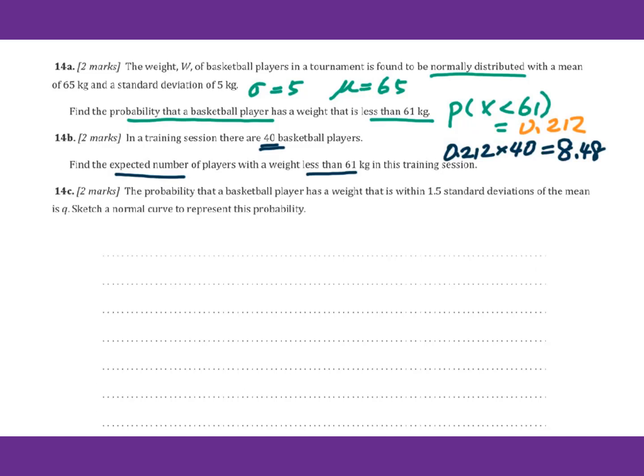The probability that a basketball player has a weight that is within 1.5 standard deviations of the mean is Q. Sketch the normal curve to represent these probabilities.